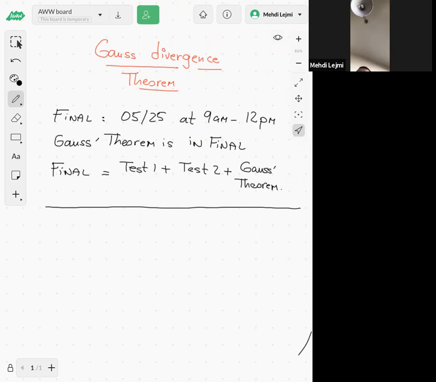Stokes theorem relates a vector line integral along the boundary of a surface to a double integral over the surface S of the curl of the vector field F. So Stokes theorem relates a one-dimensional integral to a two-dimensional integral. Now, can we relate a two-dimensional integral to a three-dimensional integral, or a triple integral? That will actually be Gauss theorem.